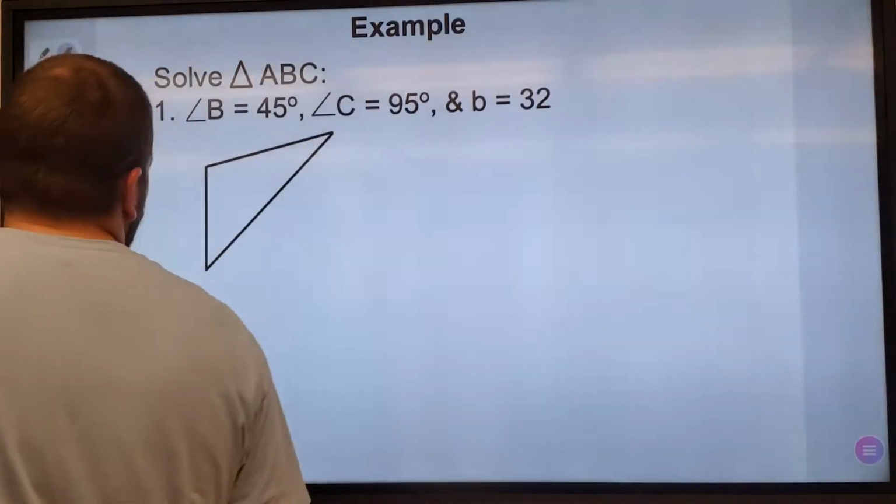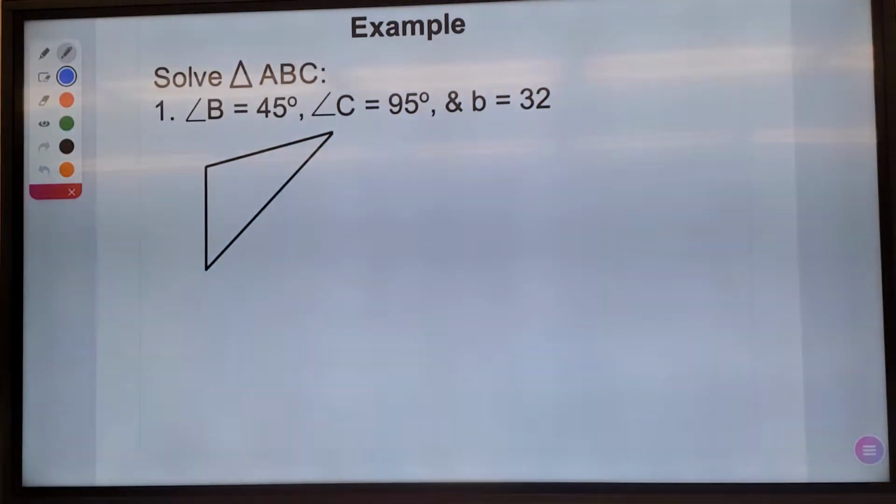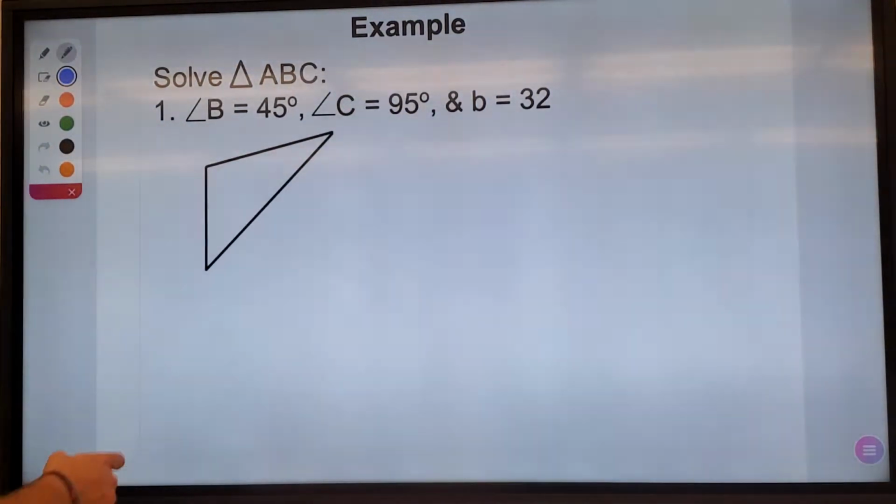So here, you'll notice that we're given 2 angles and a side. My suggestion is to, again, go ahead and label these triangles. It doesn't matter where you place things; it's just for a visual. Some people are going to get freaked out a little bit because an angle says it's, let's say, 95 degrees, and maybe somebody wants to put it in the bottom left-hand corner here.